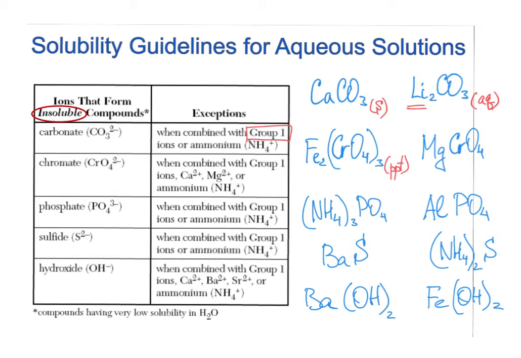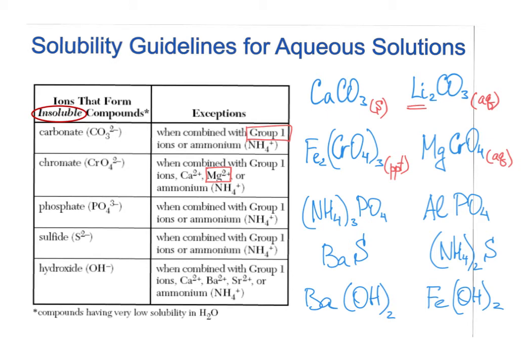While magnesium chromate happens to be one of the exceptions. So when our chromate shows up in the company of magnesium, that compound is going to be soluble. It will form an aqueous solution if we put those crystals into the water.